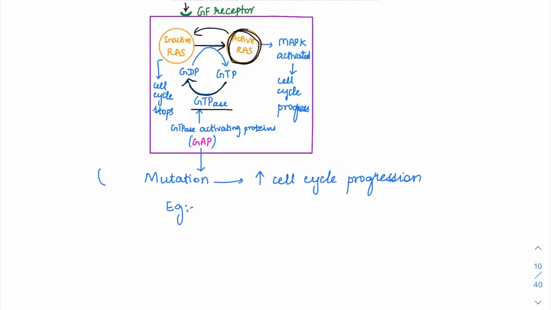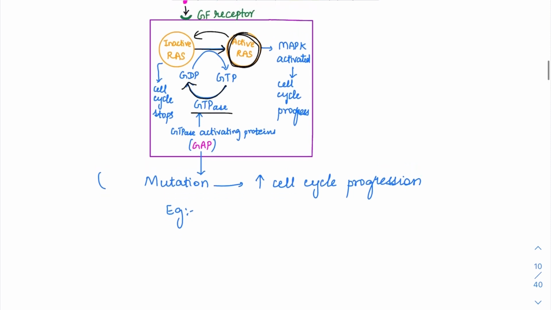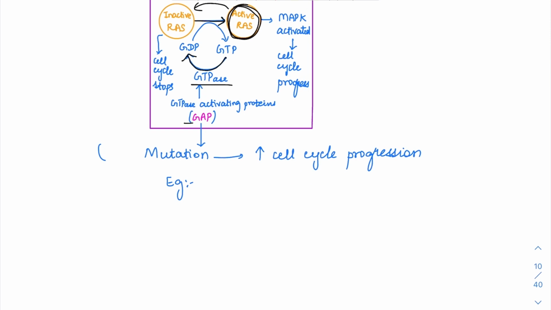So this is what happens normally. But when there is this active RAS mutation, this is going to be altered. There is also mutation of this GAP protein. GAP proteins, if you see, their normal function is to stop the cell cycle, right? So they are actually not oncogenes, they are tumor suppressors. GAP proteins are usually tumor suppressor genes. An example of this GAP protein is going to be neurofibromin.